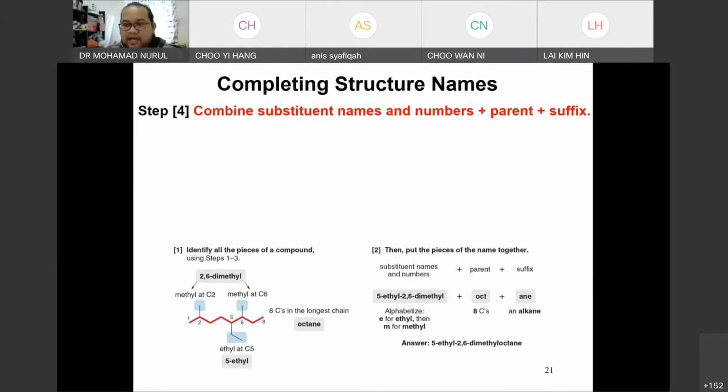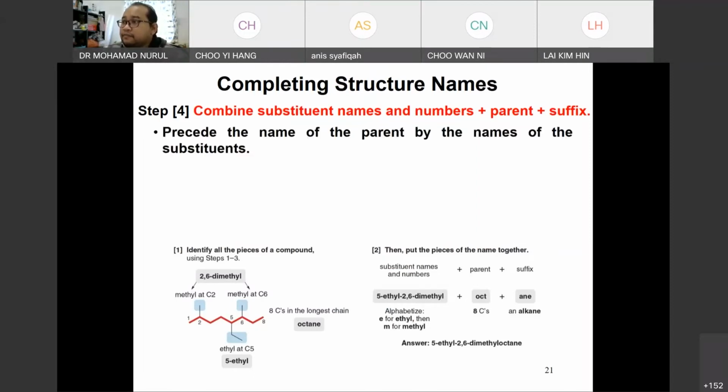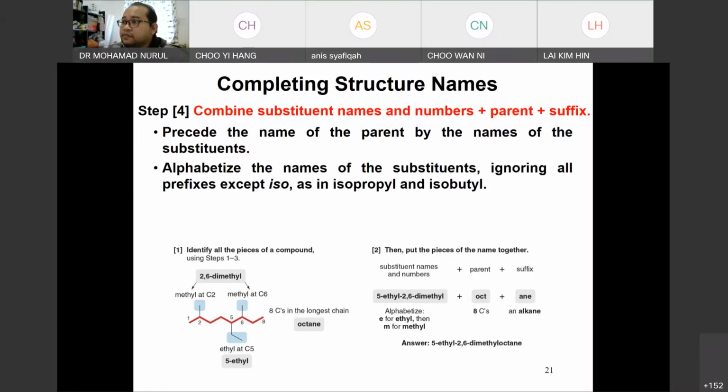It means this is the last step, so you have to combine everything: prefix plus parent plus suffix. Ignore all prefixes except iso.